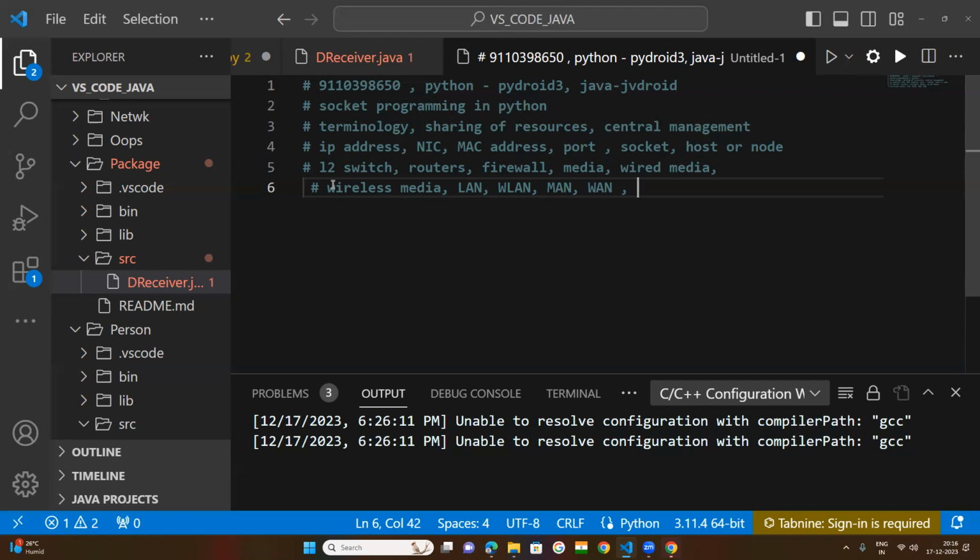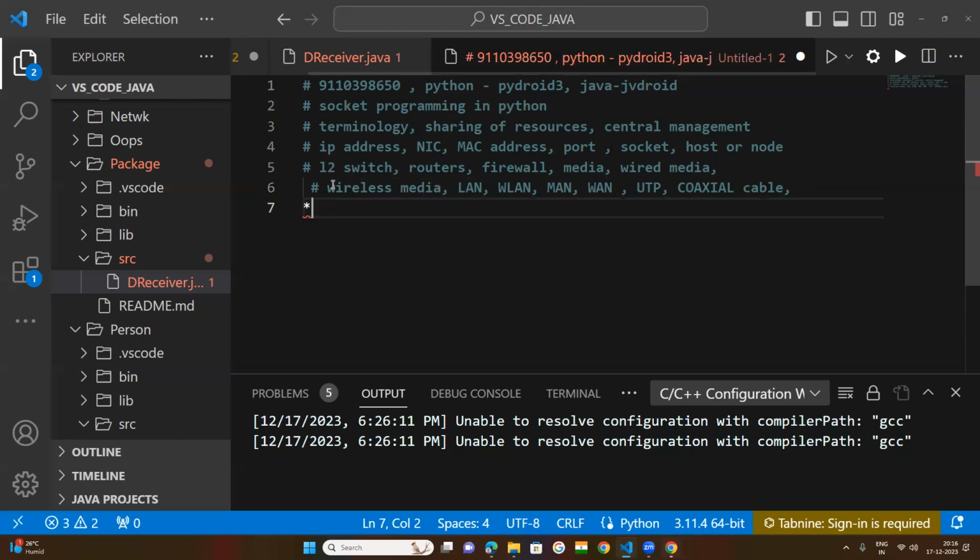In wired media, UTP cables, coaxial cable, fiber optics. OFC cables. OFC means optical fiber cables.